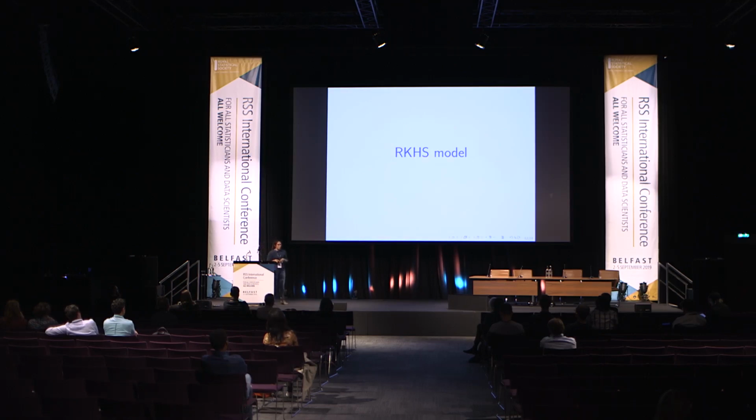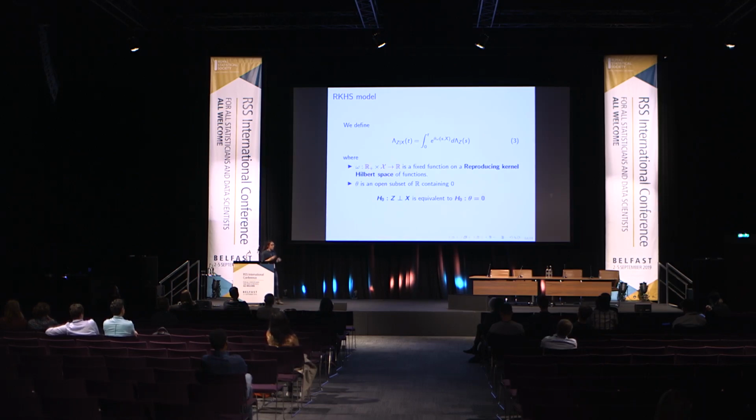Now we are going to do the machine learning part. We are going to start very similarly to what people do with the Cox models. We are going to define a parametric model for the dependence of survival times given the covariates in terms of the cumulative hazard function.